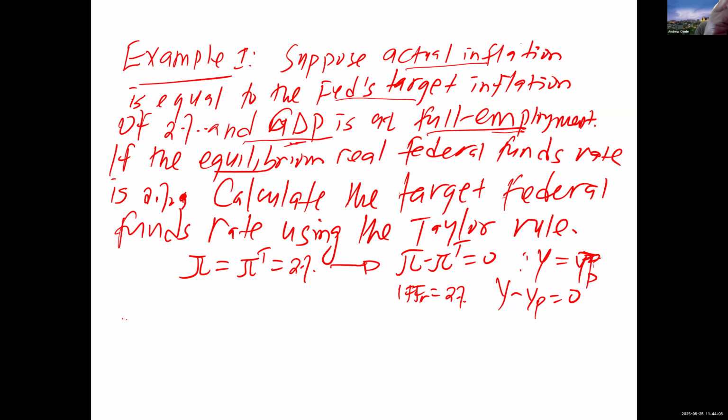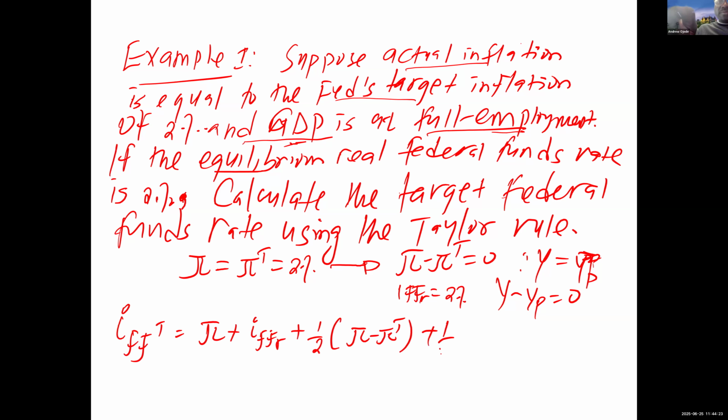So the formula says that the target on the federal funds rate, you take actual inflation pi, you add to it the equilibrium real federal funds rate, then you add to it 1/2 times the inflation gap, which is pi minus pi t, plus 1/2 times the output gap, which is Y minus YP. So here is going to be what?